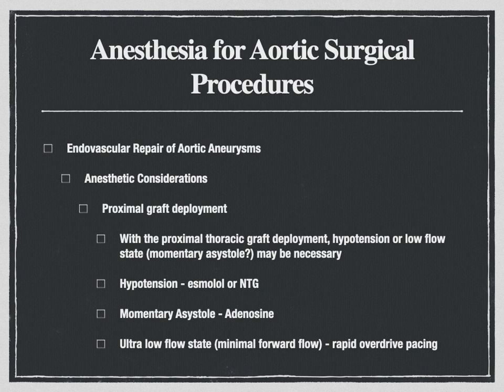You can accomplish that with hypotension, with esmolol or nitroglycerin. You may need momentary asystole with adenosine, or you can achieve an ultra low flow state with minimal forward flow by rapid overdrive pacing, like they do when placing the aortic valves with TAVRs.